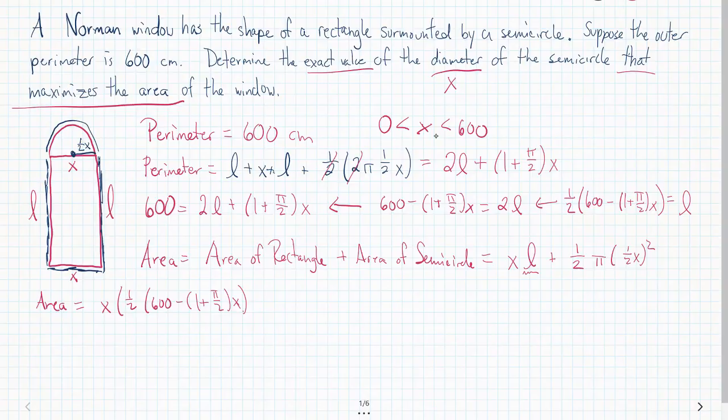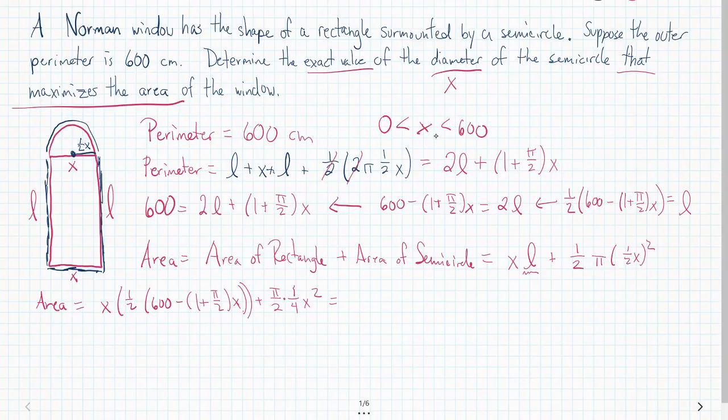Plus our next one, we can write as pi over 2 times 1/4 x squared. Okay, so what does this equal?